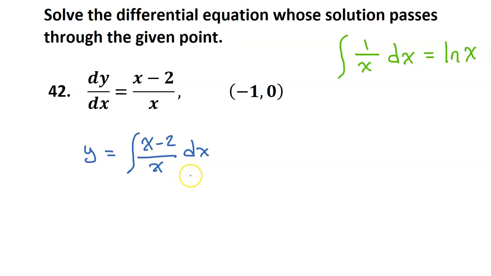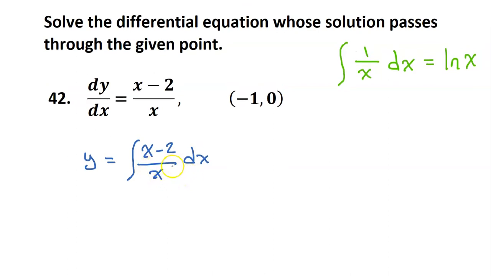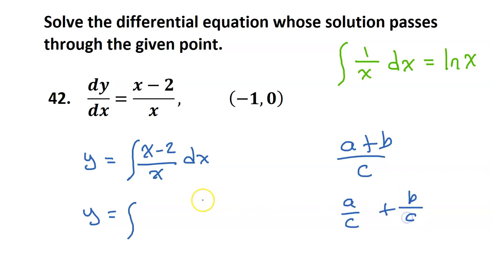Before I actually integrate, I'm going to rewrite this to make it easier to understand what to do. I'm using what I often refer to as the a plus b over c principle. I can split this up as a over c plus b over c.